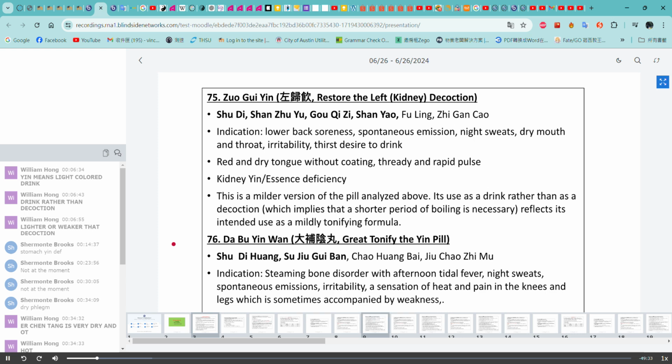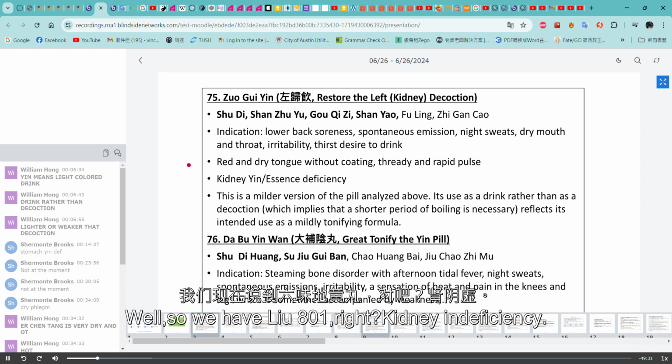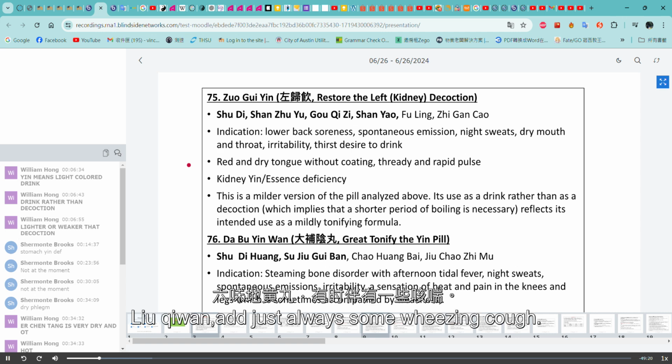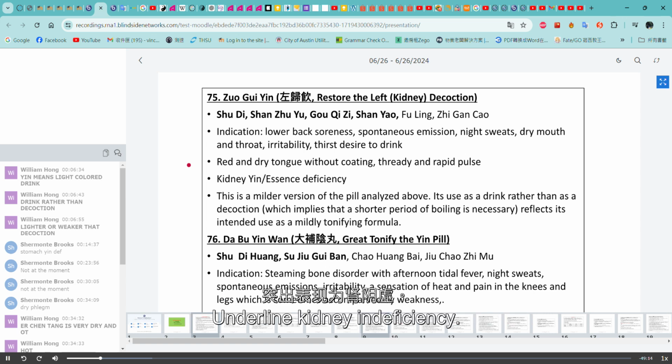Okay, let's continue. So we have LuA-D1, right? Kidney insufficiency, flagship formula. LuT1 adds wheezing cough, underlying kidney insufficiency.